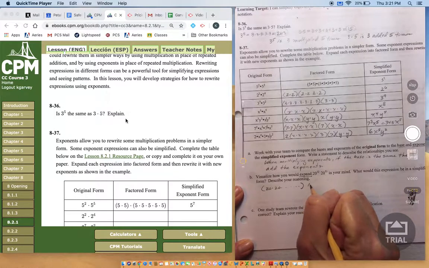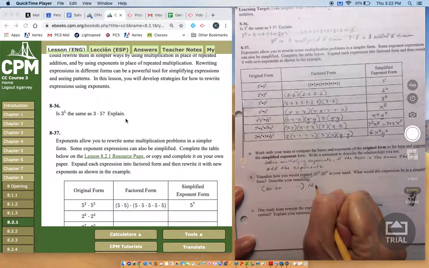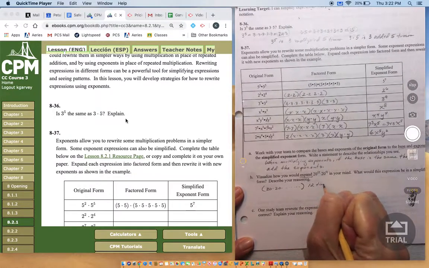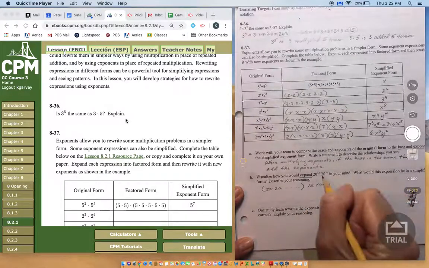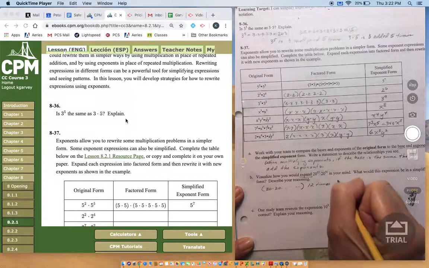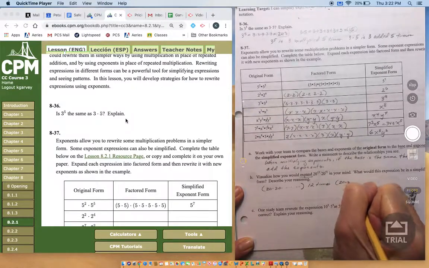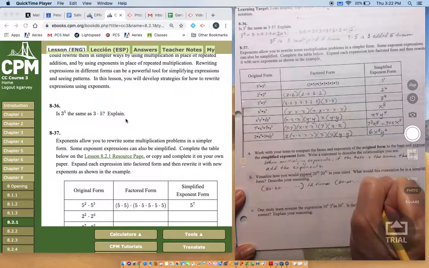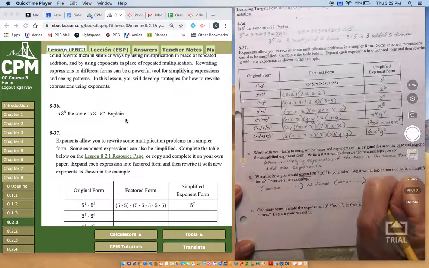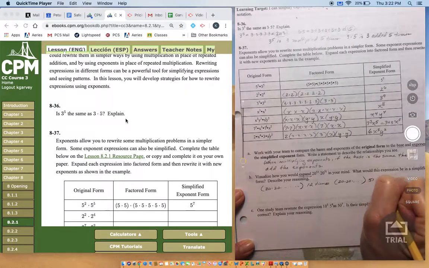I know that 20 will be multiplied by itself 12 times. And then 20 to the 51st power, same thing. It's going to be so big that I couldn't possibly write it out. So 20 will be multiplied 51 times.